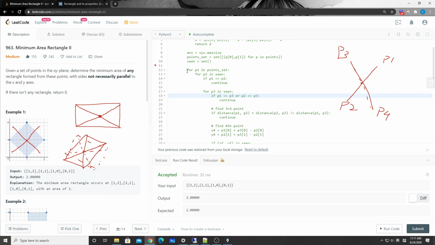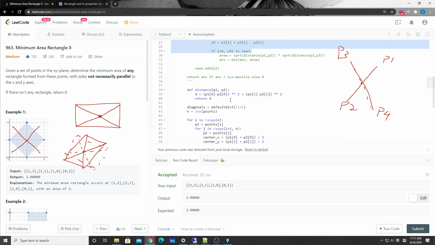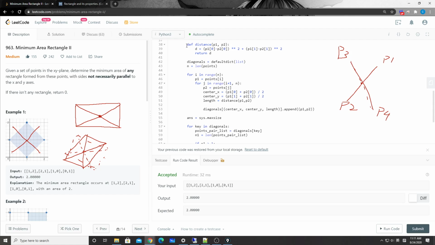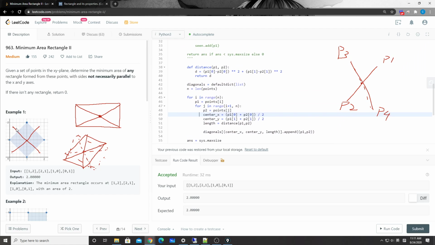The first one is to find the points one by one: find the first one, second one, and then use the Pythagorean theorem to find the third point, and then use the relationships to find the fourth point, which is n cubed time complexity. The second one is much faster because we pre-built the diagonals.